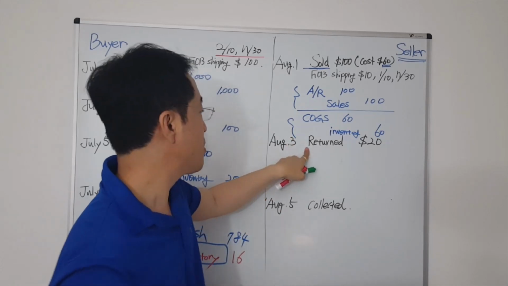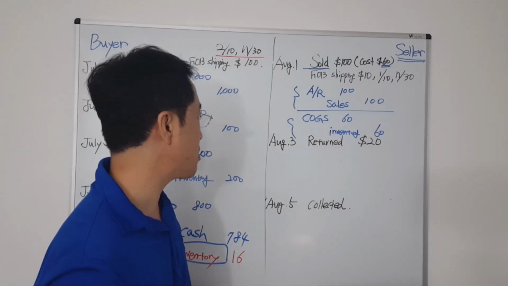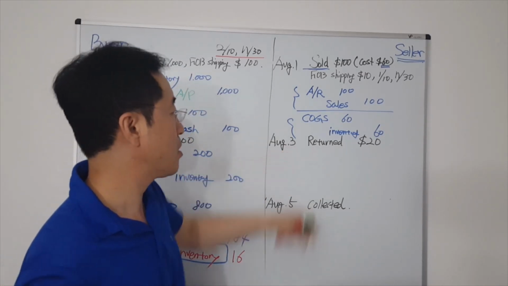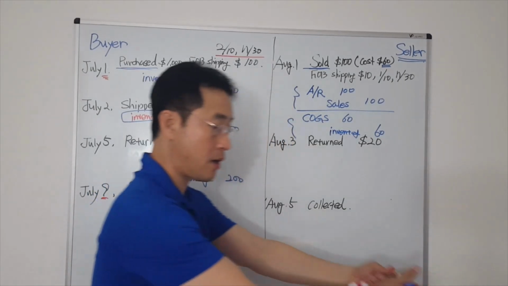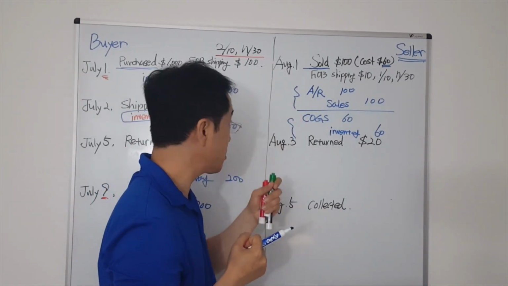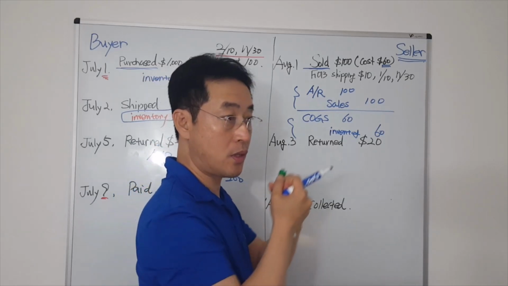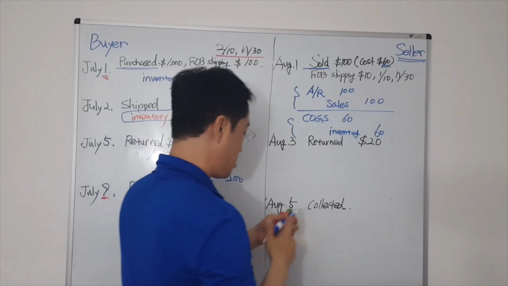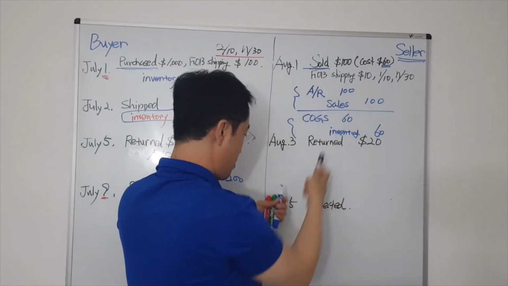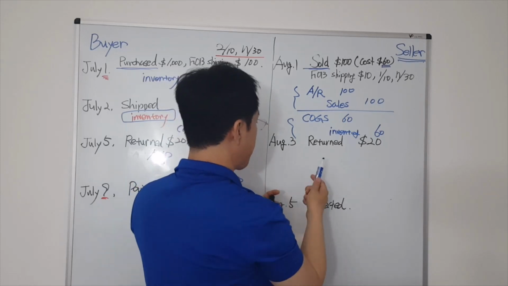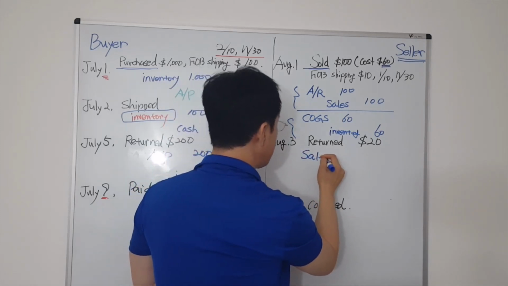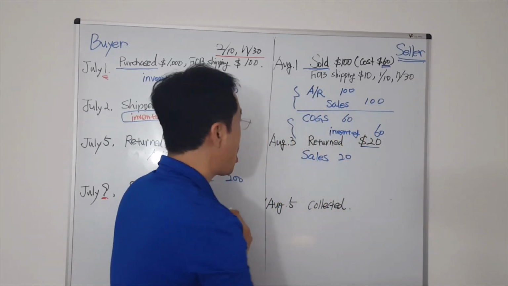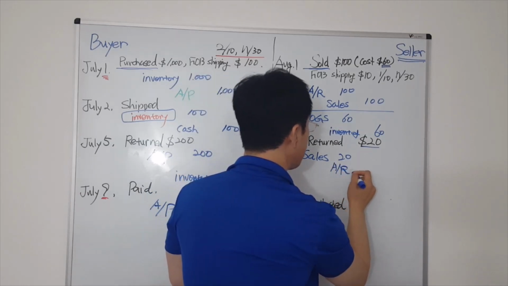Okay? One of my customers decided to return. We accepted the return of $20. Then we get our product back, and we are going to sell it again, so put it on the shelf again. That means reverse, simply. Sales reverse, how much? $20. Accounts receivable reverse $20.